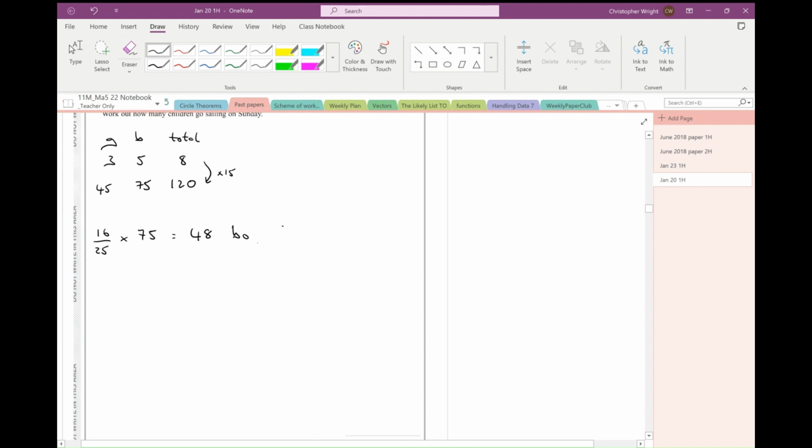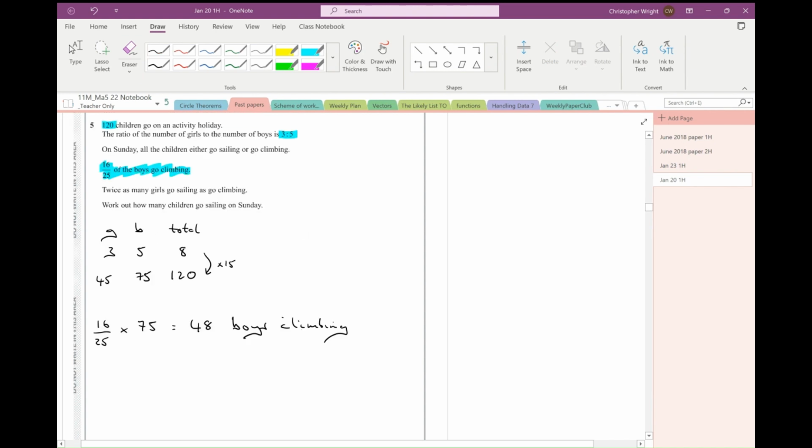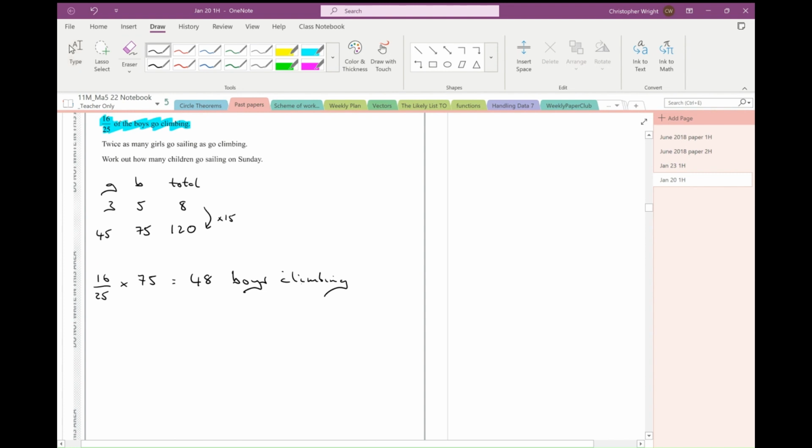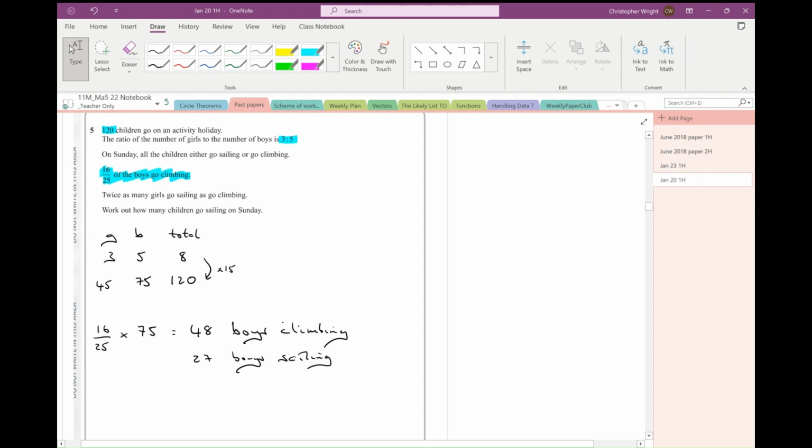Then I can work out how many boys are not climbing. How many boys are sailing? So that must be 75 minus 48. 27 boys are sailing. Okay. Now I still don't know what the 45 girls are doing.